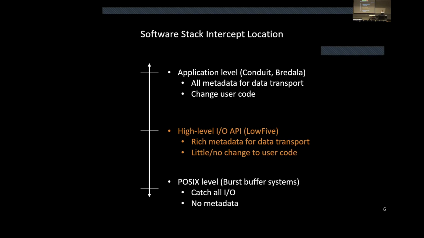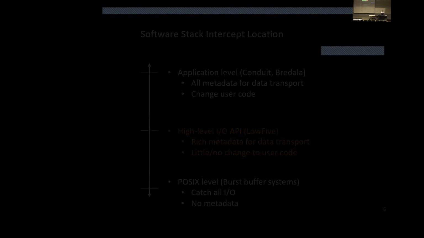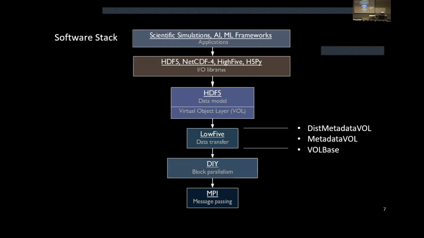And HDF5 gives us all the metadata that we need in order to transport data efficiently through our workflow system. And it gives us the VOL mechanism in order to do that conveniently as developers, right? So the software stack looks like this.